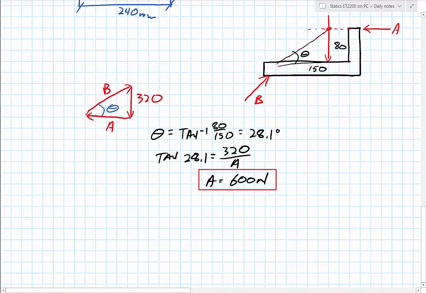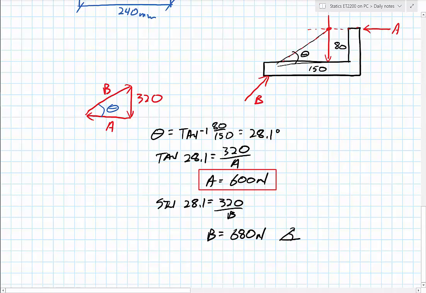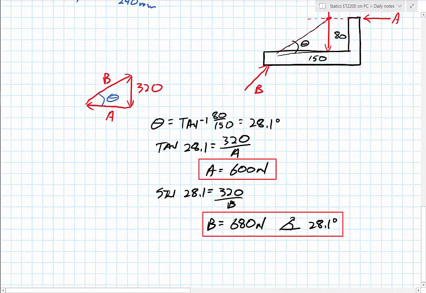And from here, I could also use the sine of that angle is equal to the opposite over the hypotenuse, or B is 680 newtons, and I know that the angle of that vector is 28.1 degrees from that positive x. So that's our new way of finding it.